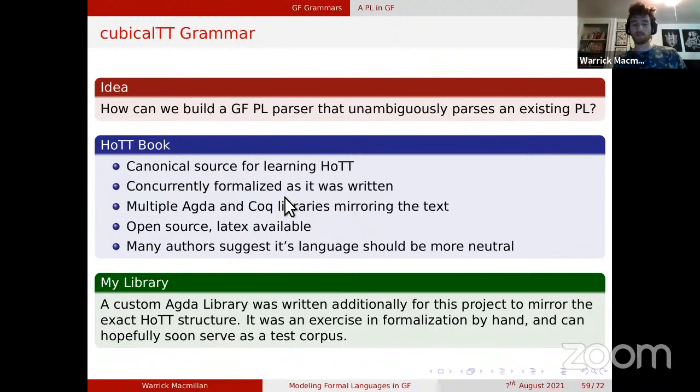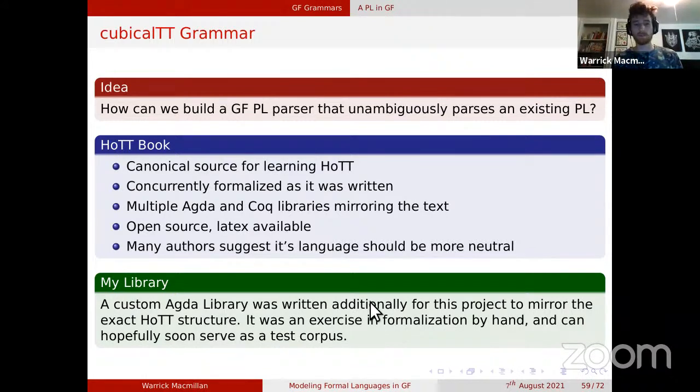It was formalized while it was written in LaTeX, so there's a kind of parallel corpus to look at. It's open source, and the many authors aspect means the natural language is neutral, or certain things are written by certain people, so you get a good sampling.